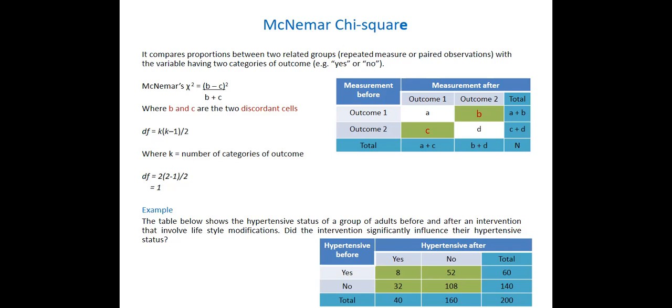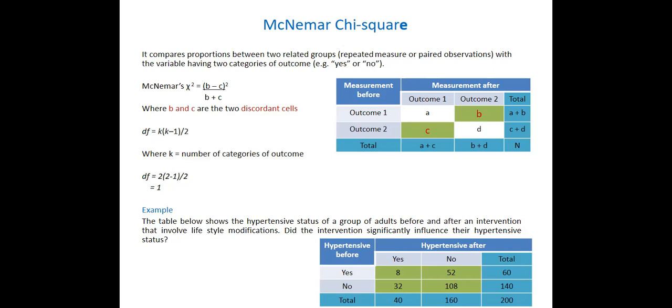So those that are not changing, 8 and 108, have nothing to do with this calculation. It's only these 32 and 52, the change, the movement from one to the other. Now, if the null hypothesis were true, you expect the same number of movements from hypertensive to non-hypertensive as from non-hypertensive to hypertensive.